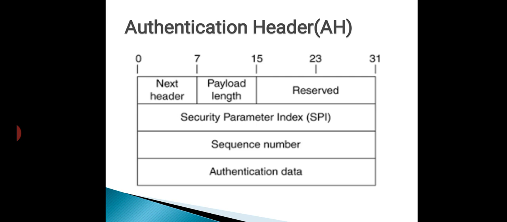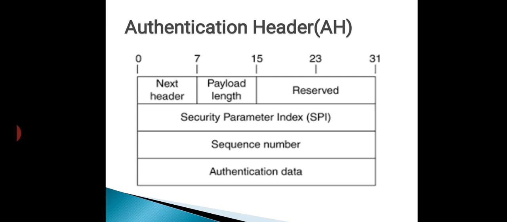Next is the security parameter index, that is SPI. SPI is used in combination with the destination address as well as the IP security protocol used, AH or ESP, to uniquely identify the security association for the traffic to which the datagram belongs.